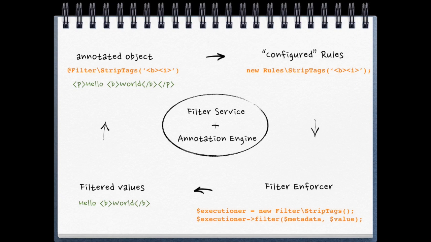That goes into the filtering service, which then re-extracts those rules and instantiates the actual rule classes, the actual annotations, so that's the strip tags rule with the proper configuration. It's then passed on to the actual filter object that is able to read that and execute the action, actually removing all those tags, which finally returns the filtered value, which can then be overwritten in the object. So basically, the filter service and the annotation engine are the ones doing all of those things, and we have the rules and the enforcers hanging around.